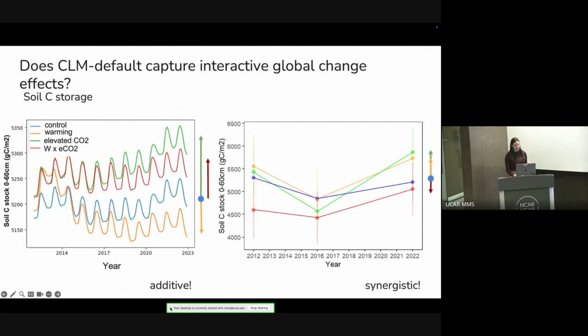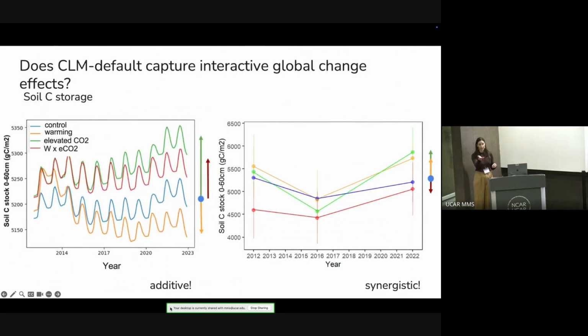Yeah, so I think the model was certainly showing additive effects, and that's maybe what we'd expect, right? I don't know CLM's history of comparing global change experiments, but I maybe assume that they've mostly been single factor global change experiments. And so additive is maybe what we'd expect CLM to do. But the observations don't necessarily show that.